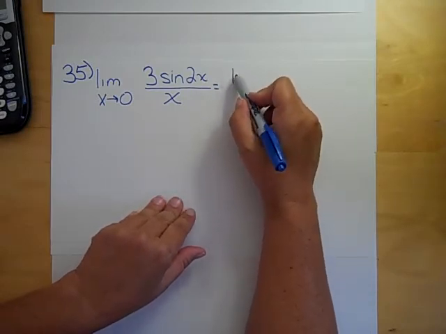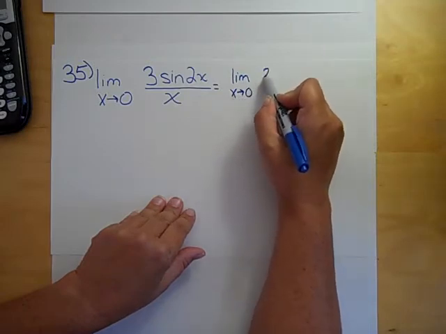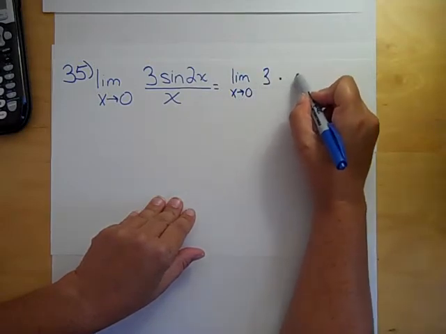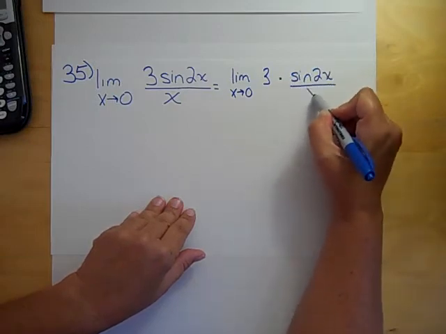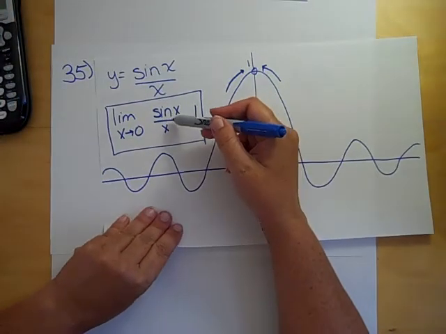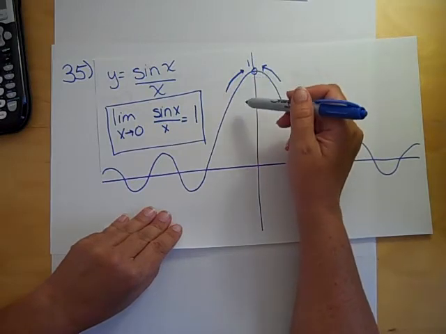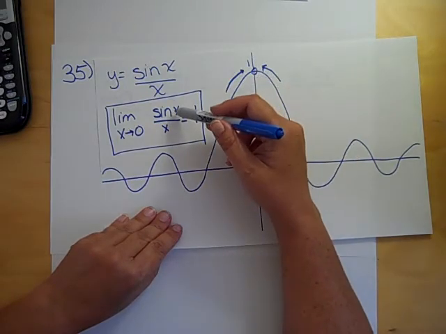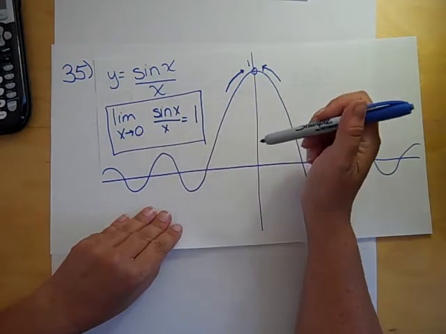So let's say that it's the limit as x approaches 0 of 3 times sine 2x over x. Now that special limit also works if there are any number of x's here as long as they match. It changes this graph a little bit. It's always approaching 1. So if we had 2x over 2x or 3x over 3x, we'd still have a limit of 1 here.